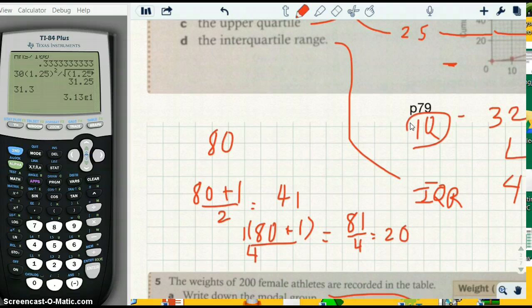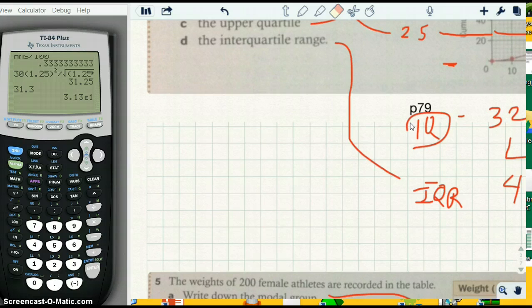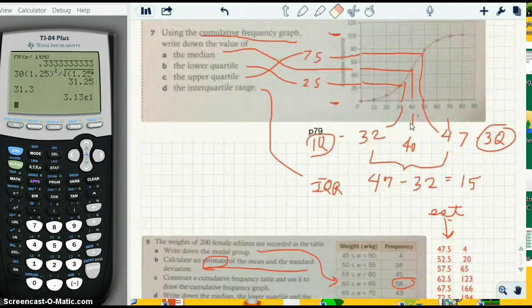It'll be 20.25, round down, it's 20. And to find the third quartile, we would put 3/4 instead. In this case, we have 100 occurrences or people, so it's trivial. The upper quartile would be at the 75, and the lower quartile would be the 25.